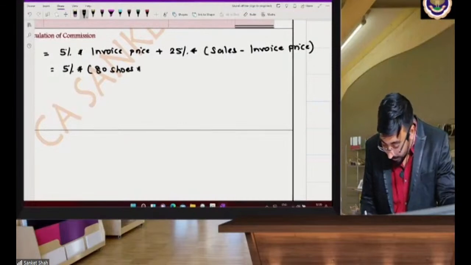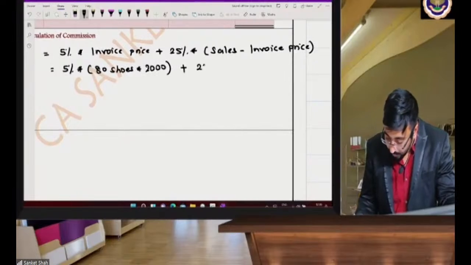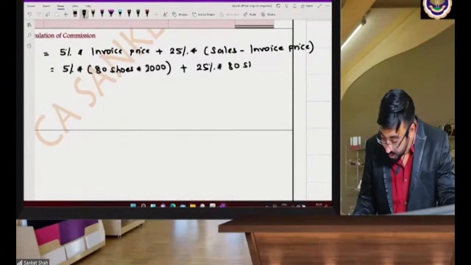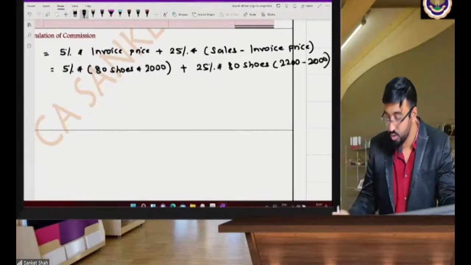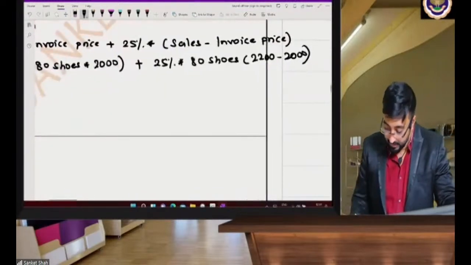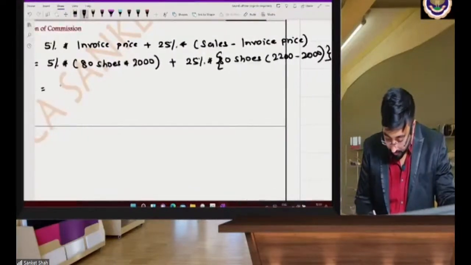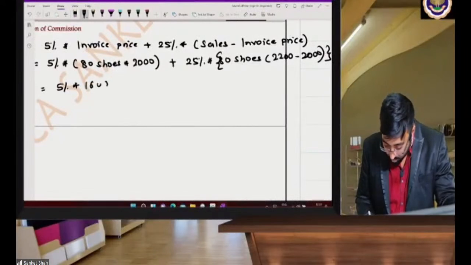You sold 80 shoes into 2,000 plus 25% into 80 shoes, and in bracket 2,200 minus 2,000, in a curly bracket. Okay. So here it is 5% into 1,60,000.